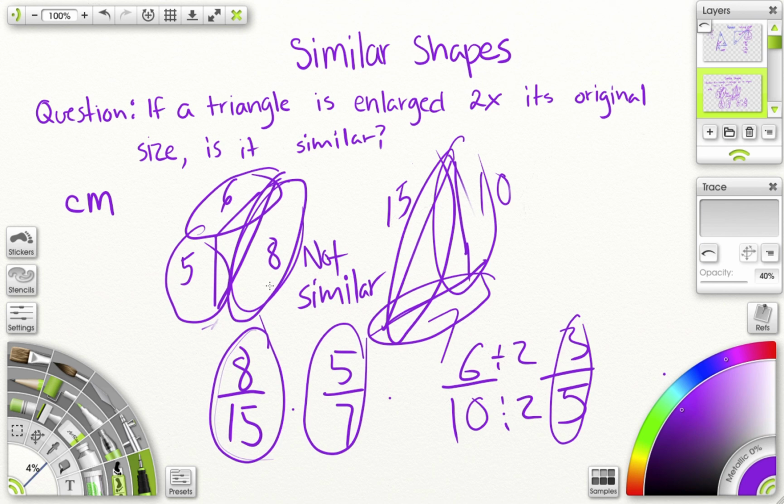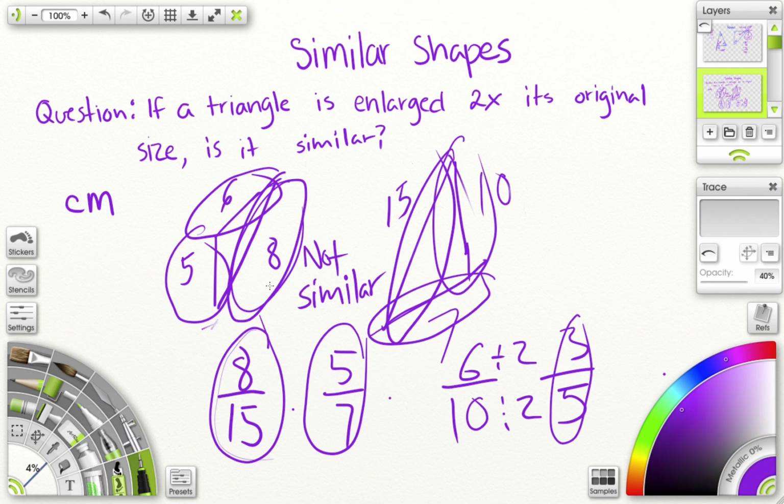Makes life much easier, trust me. Then I try to reduce those fractions into their simplest forms. If they all reduce into the same fraction, as in like they all reduce into 2/3 with our one example, then we know it's similar.